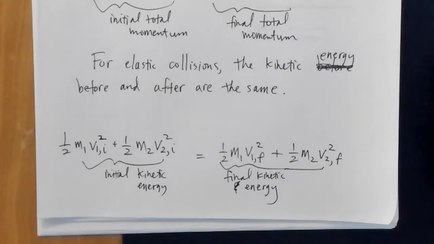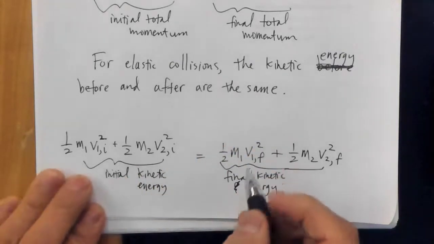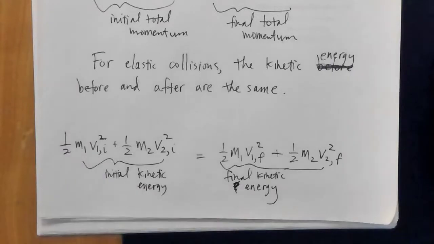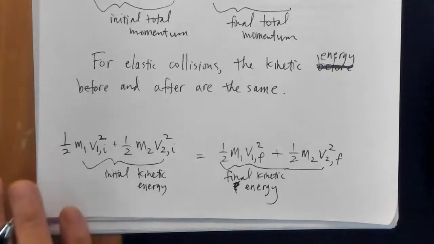So in the split seconds in which they're touching each other, the kinetic energy is not conserved. It's converted back and forth. But it's only the total mechanical energy that's conserved. But when they're far apart again, the important statement is that the initial kinetic energy equals the final kinetic energy. And so for my book, we can just say it's conserved in that sense. Okay. Any questions about that?